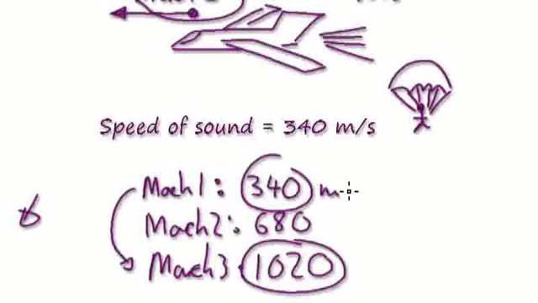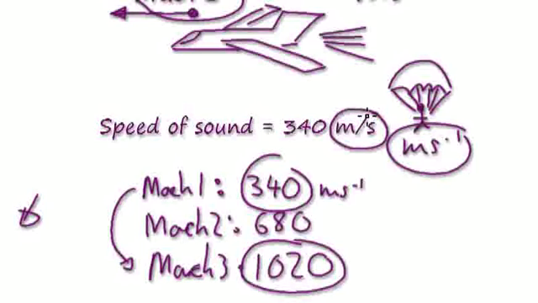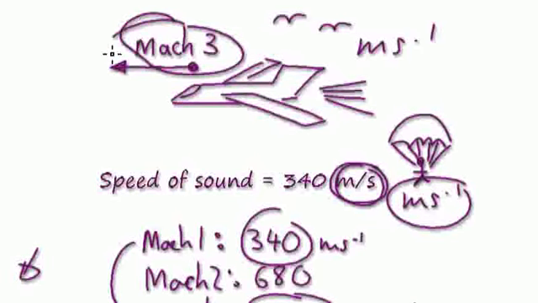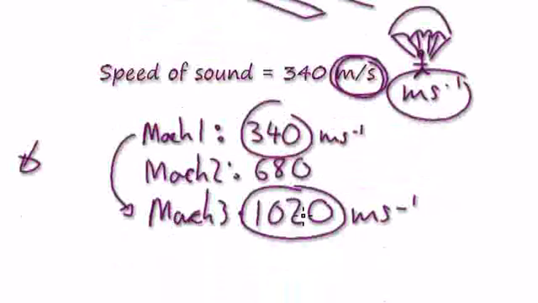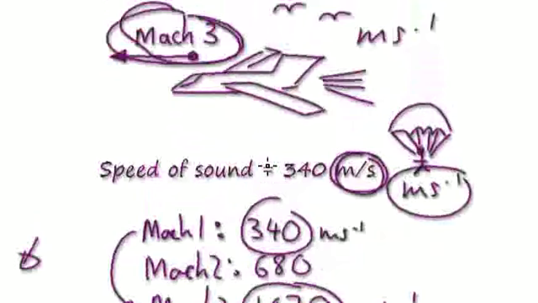Remember, there are two ways of writing meters per second, this or this. This is going to be meters per second as well. So going at Mach 3 is like you traveling roughly 1 kilometer per second.